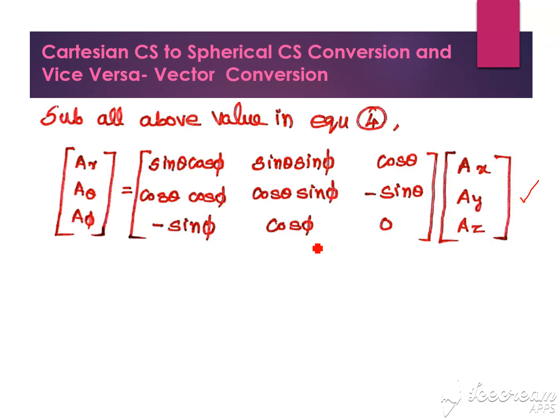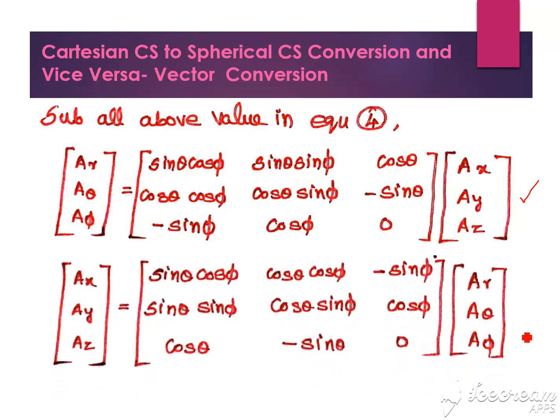Similarly, while rearranging this equation, we get ax, ay, az as a function of ar, a theta and a phi. Now we can easily memorize this formula by using some standard tricks. The first column can be filled by using the formula for x in terms of spherical.